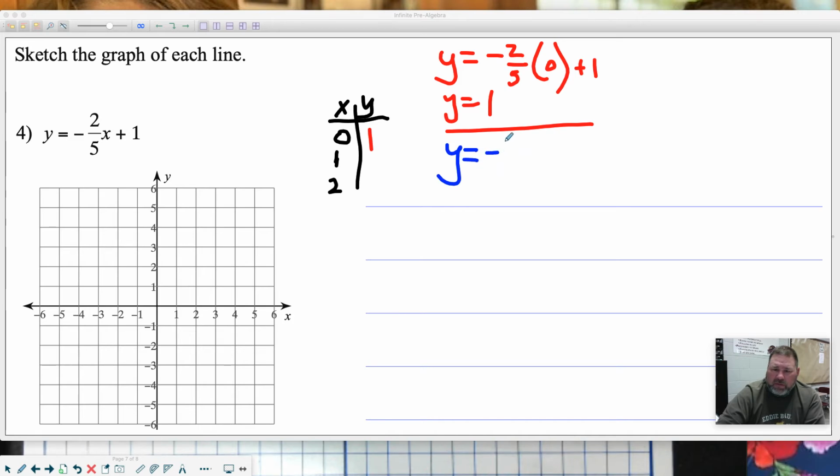Y equals negative 2 fifths times 1 for X. Again, just using the original equation. So Y equals negative 2 fifths plus 1. So if this is 5 fifths and then minus 2 fifths, that gives me Y equals 3 fifths, or just 0.6.